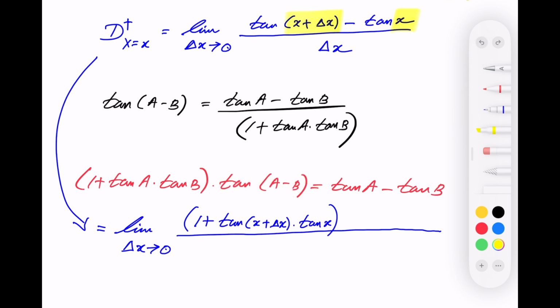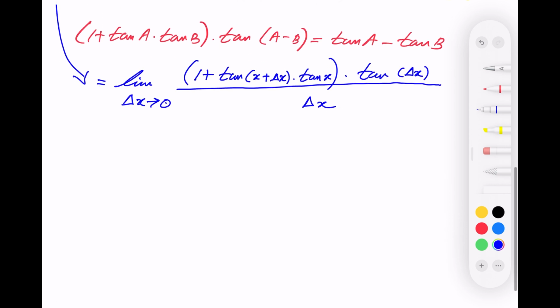Since a is x plus delta x and b is x, a minus b is x plus delta x minus x, which is delta x. Therefore, this has to be multiplied by tangent delta x. In the denominator, we have another delta x.